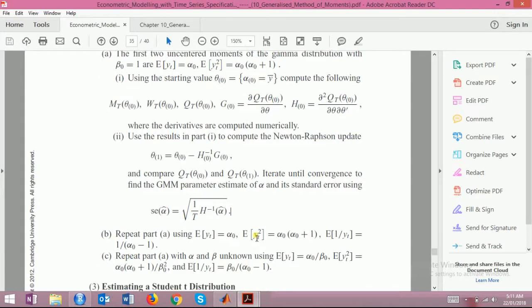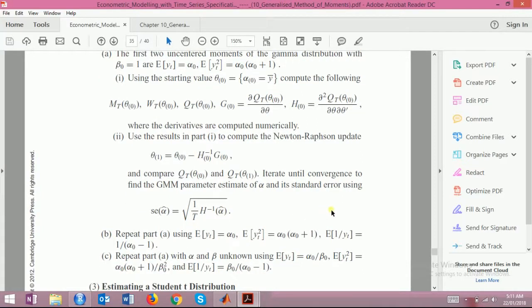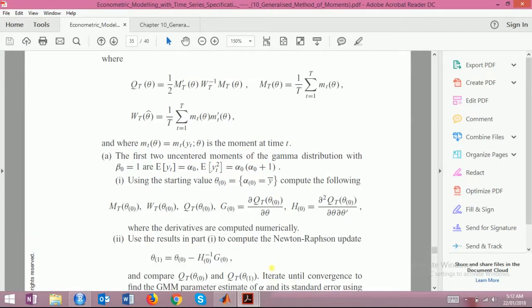This we have all done before. We want to use these with not only alpha plus 1 but also 1 by alpha minus 1. And then we want to use these again for 1 by Yt, where beta divided by alpha, the gamma condition, the third condition, beta divided by alpha minus 1.